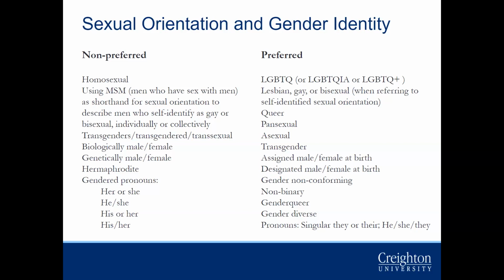It is also not preferred to use gendered pronouns in place of gender-neutral pronouns when the preferred pronoun is not known or not specified. Preferred terms include lesbian, gay, or bisexual when referring to a person's self-identified sexual orientation.